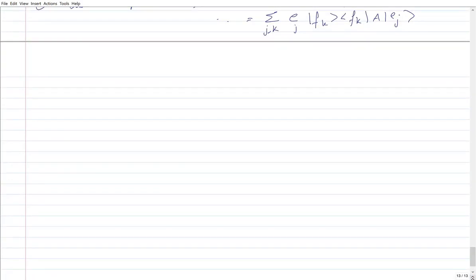So what do I get? I'll write it down again. What I'll do is I'll interchange. These are just two numbers. What happens when I just interchange them?